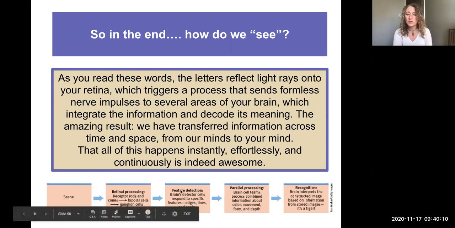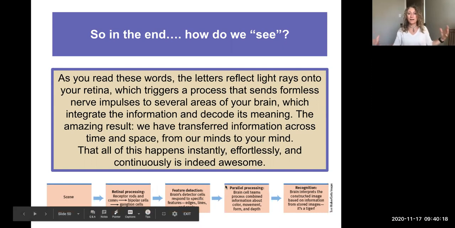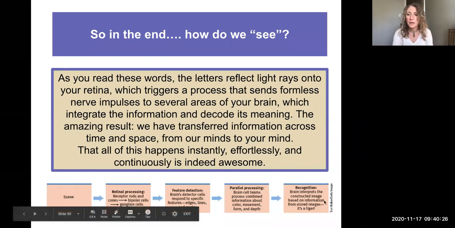And you have the feature detectors, different parts of the brain involved in recognizing the complexity of what you're watching. We're doing it all at the same time: the color, the movement, the form, and the depth are all interpreted at the same time. And then you are able to recognize and understand what it is that you are looking at.